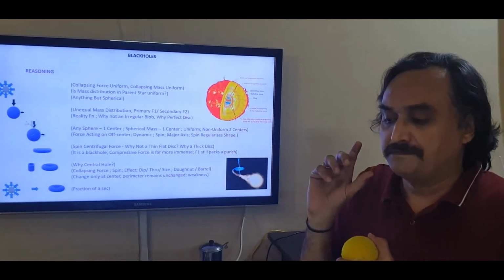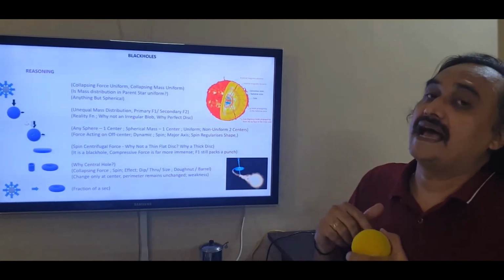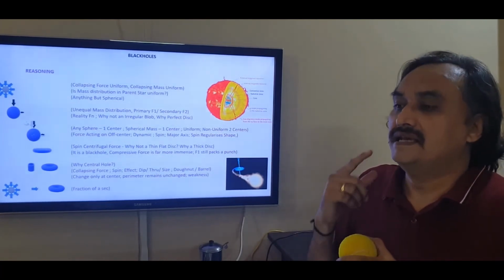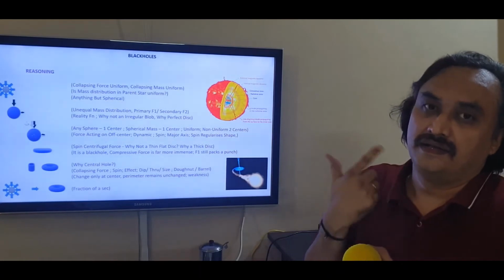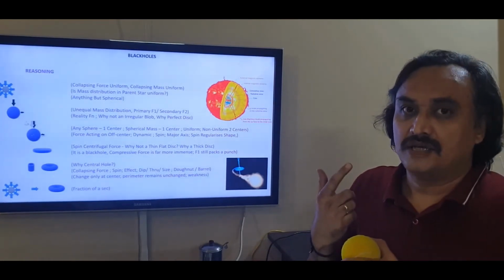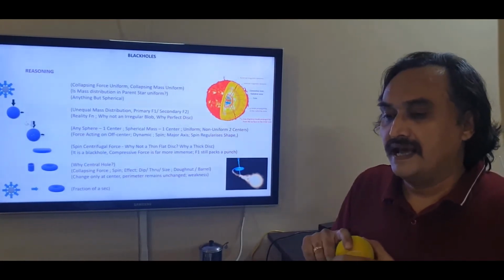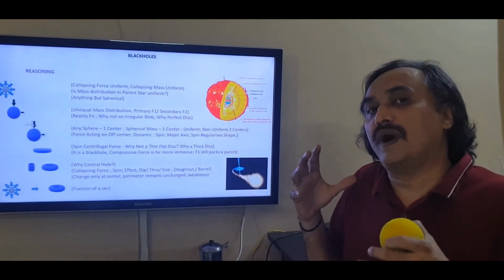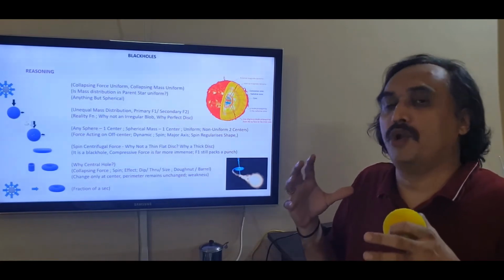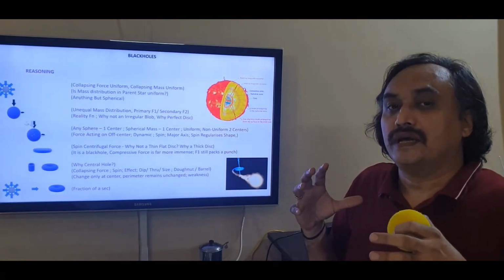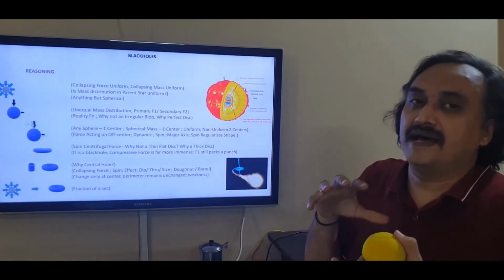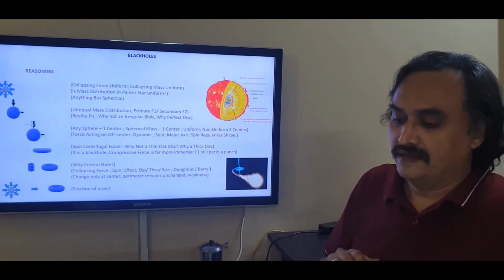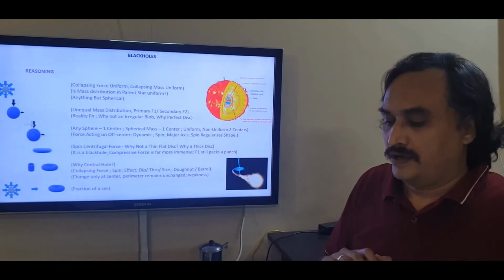And whenever there is a spin, a major axis is formed, and the mass rotates around that major axis. This spin regularizes the shape, which otherwise would have been an irregular blob, and it will now be regularized to form a disc like a donut.